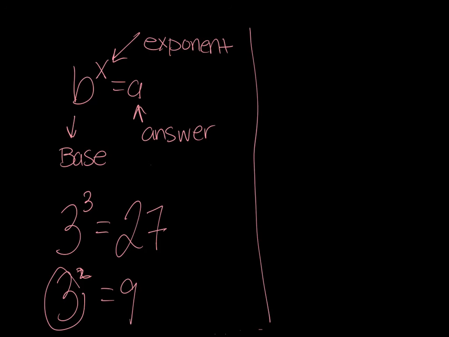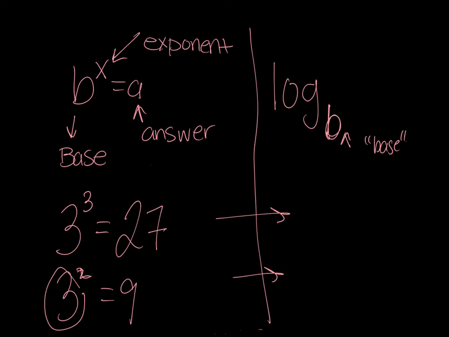Now, how would I write this as a log? So log is log, base is on the bottom. I think of it as a basement. A is right next to b equals x. So basically, since the answer was outside, now we're doing inverses, so it's going to be inside.